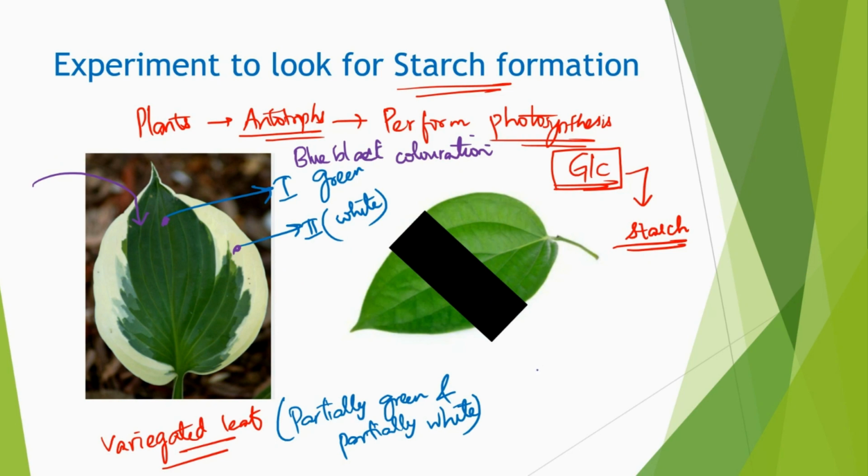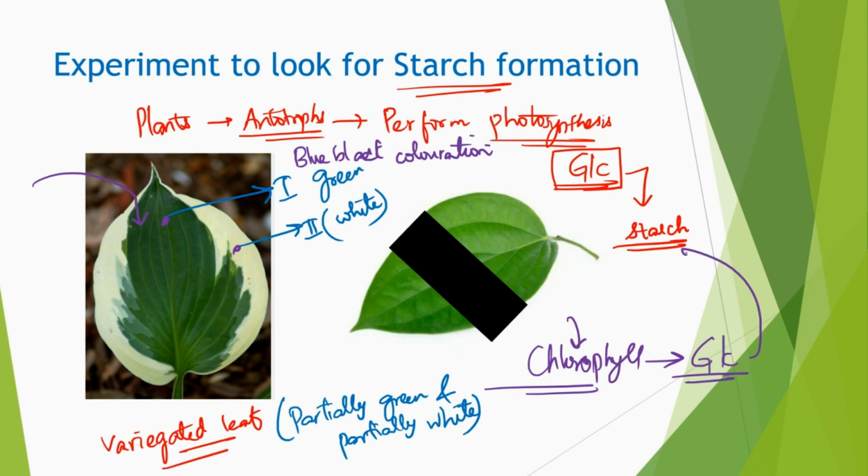The green color is because of which pigment? Chlorophyll. This pigment absorbs the light which has fallen on the surface of the leaf and performs photosynthesis, where carbon dioxide gets converted to glucose and excess glucose gets converted into starch. The starch present reacts with iodine to give blue-black coloration.